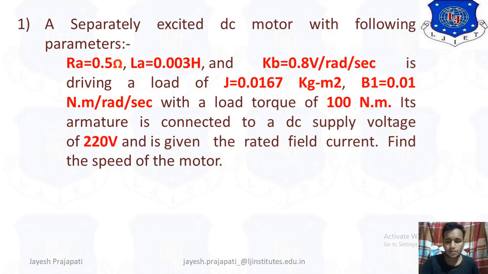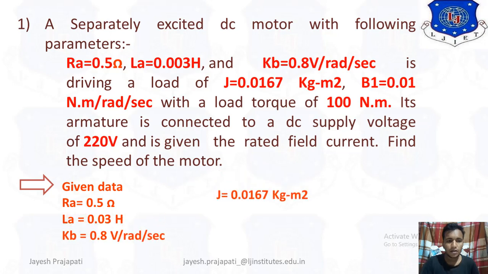So now in this example, first of all we have to write down the given data. RA is equal to 0.5 ohm, LA is equal to 0.03 Henry, KB is equal to 0.8 volt per radian per second, and J, the moment of inertia, is 0.0167.